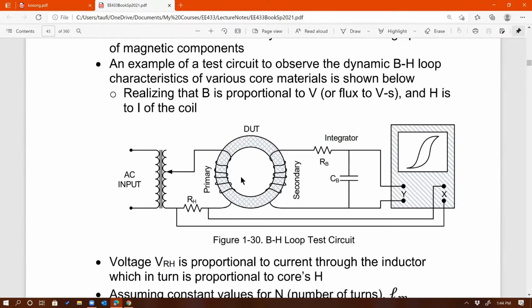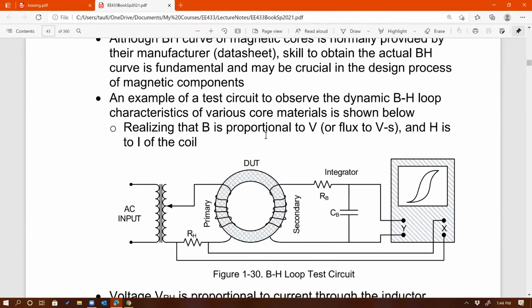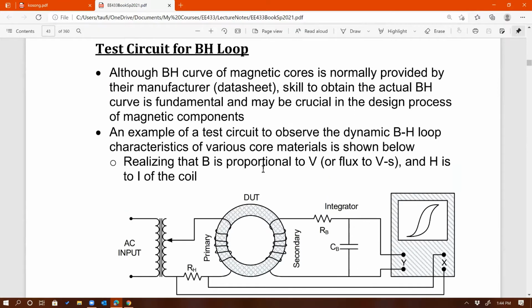You are given an inductor and this module, and then you do the test yourself. You perform the test in the lab yourself, right? Now, those are again the practical aspects of knowing this circuit. I just presented to you two different practical cases where you would need such a circuit.